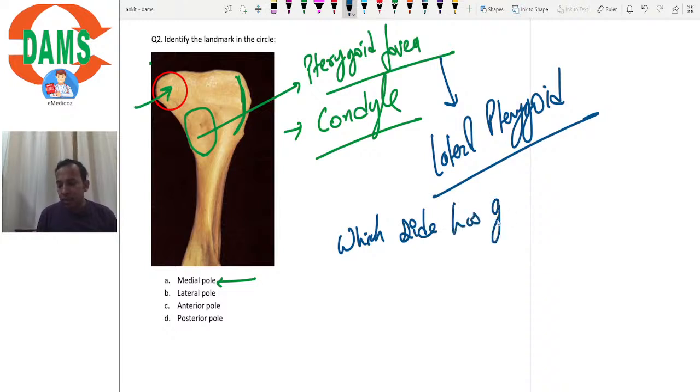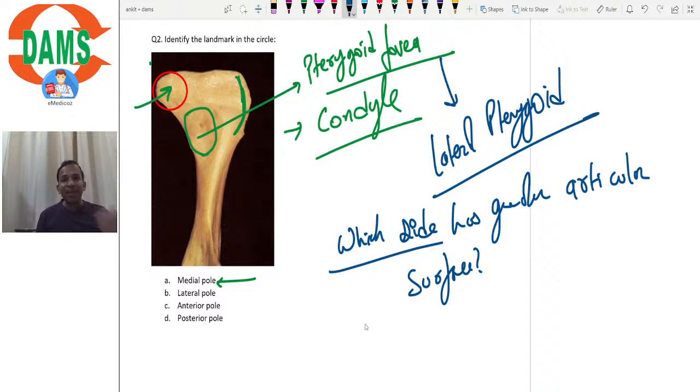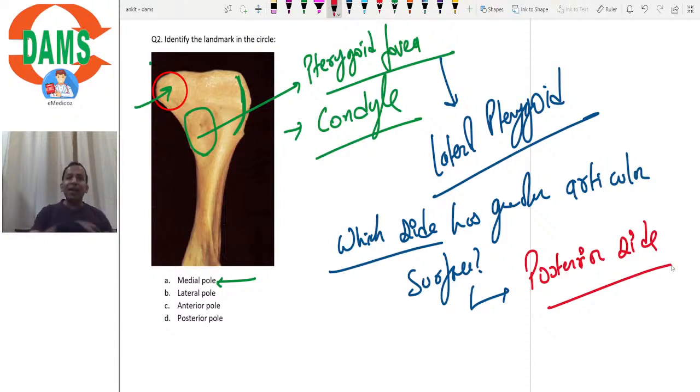So if you are asked about the greater articular surface, then the answer would be the posterior side. On the posterior side, it occupies more of the articular surface. Is it clear?